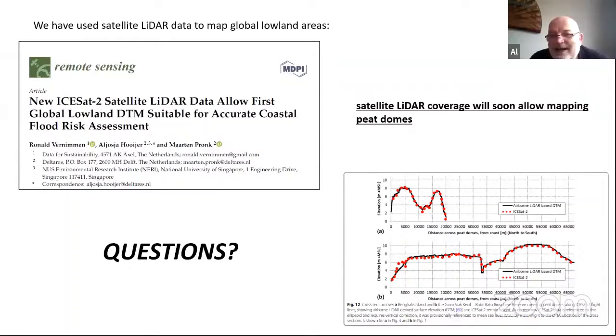This is Al Hooijer speaking. If I may say something on the peat management. Yes, please. We also found that the peat bottom is usually around sea level, right? 0, 60 centimeters, 1 meter, in that range, and sometimes below sea level.